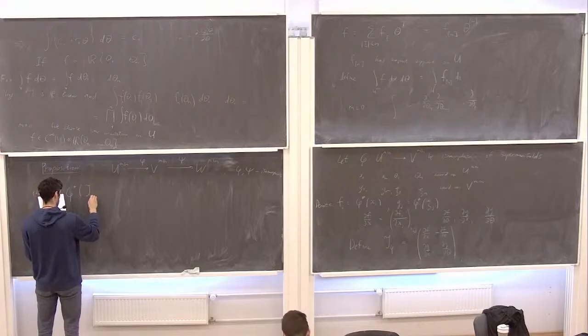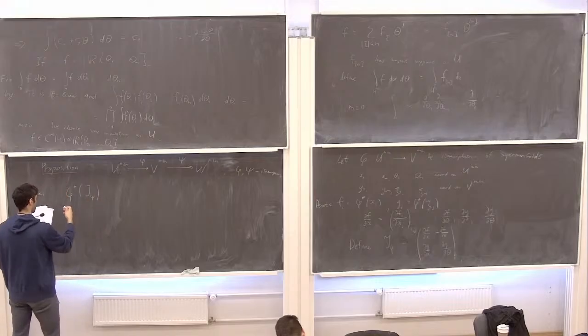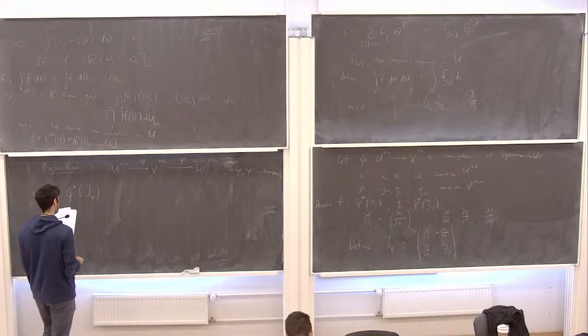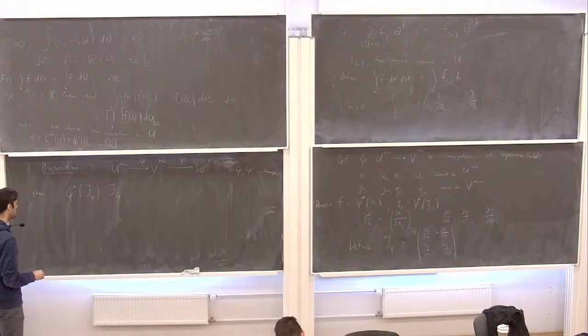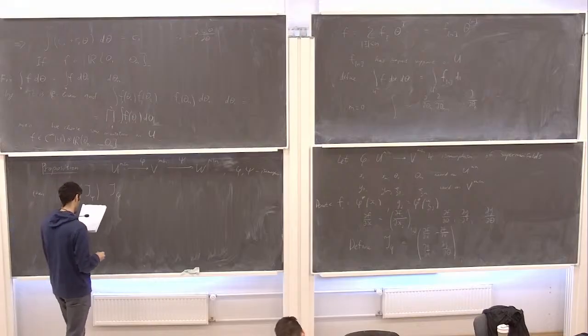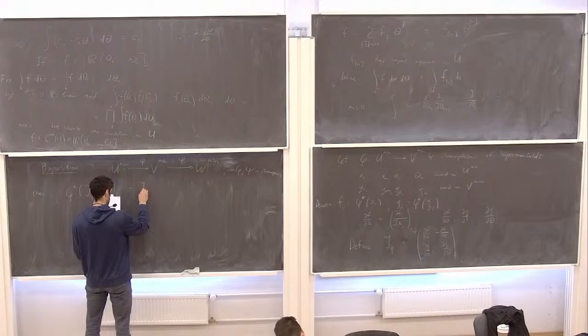I have to take J psi and then pull it back with respect to phi. This will be an element here, so a function here, and I can multiply it by a function here, which is J phi. This is the same as J of psi composed with phi.